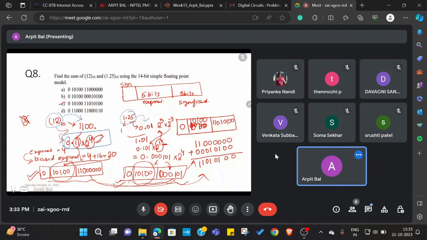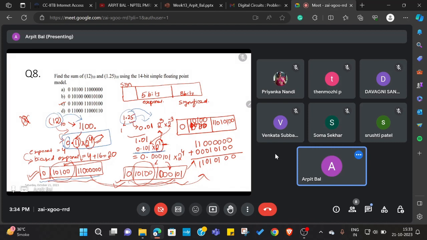Now we need to add the bias. For this simple floating point, the bias is plus 16. So 4 plus 16 is 20, and then I represent it in this form. In parallel I do the same with 1.25, but if I represent it in standard form, it will be times 2 to the power 1.